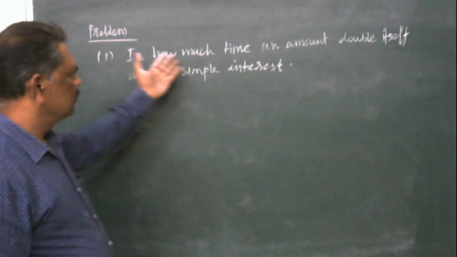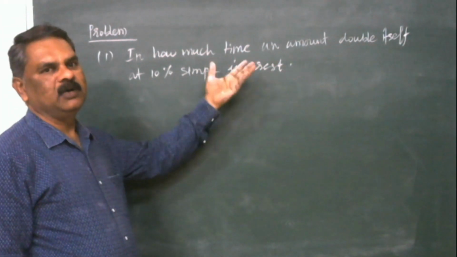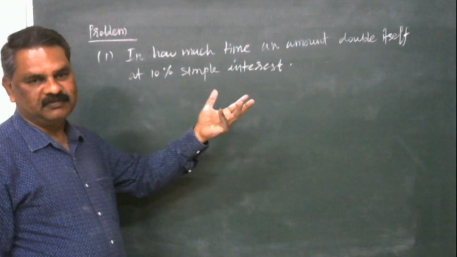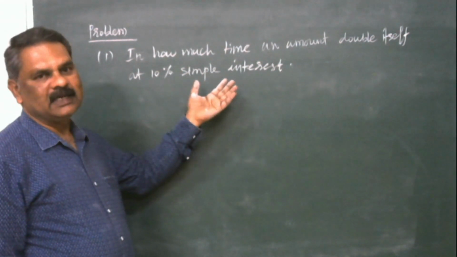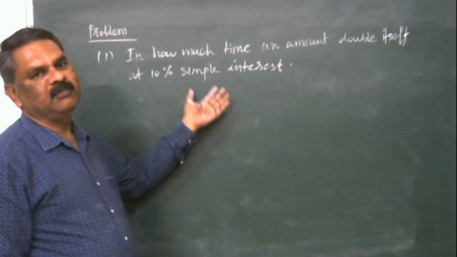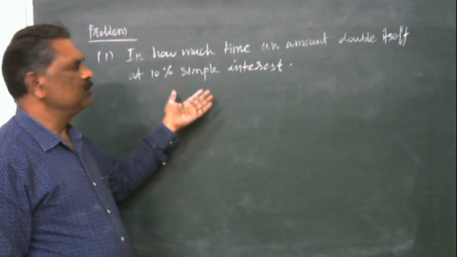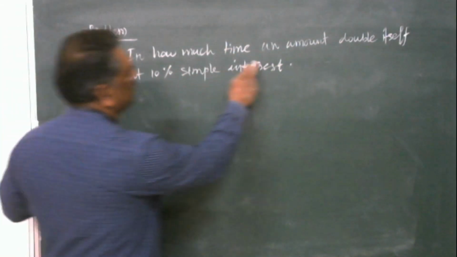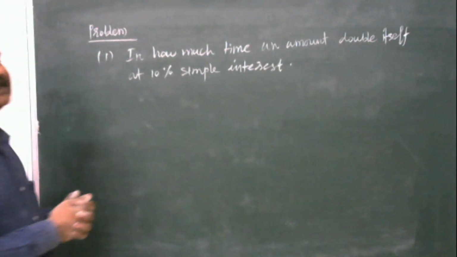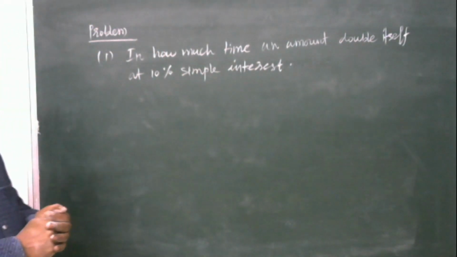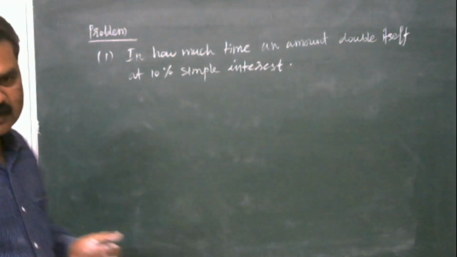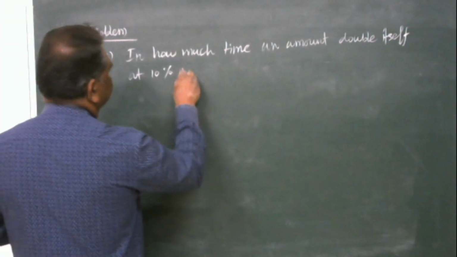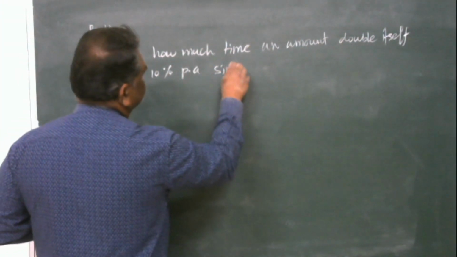Whatever the amount may be, it will become double at 10% simple interest. How many years will it take? If we invest 100 rupees, it should become 200 rupees; 1000 rupees becomes 2000 rupees. At 10% per annum simple interest.